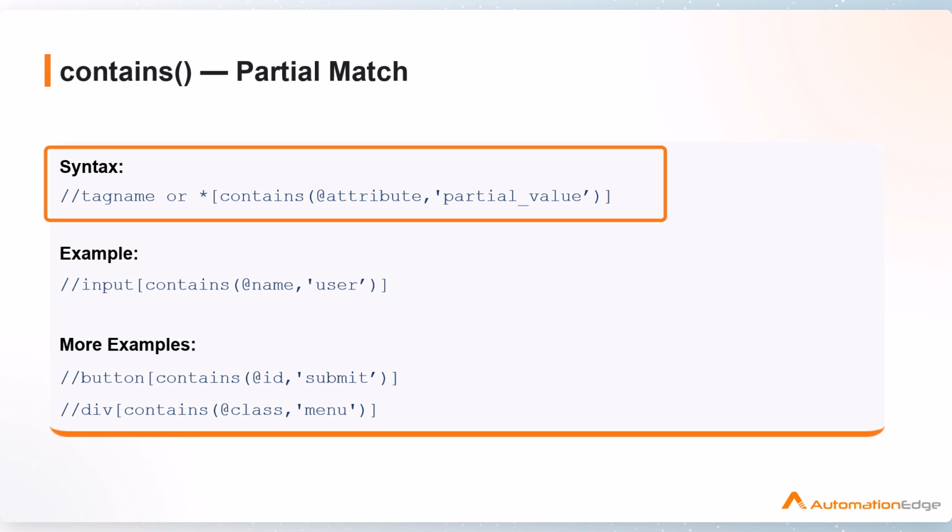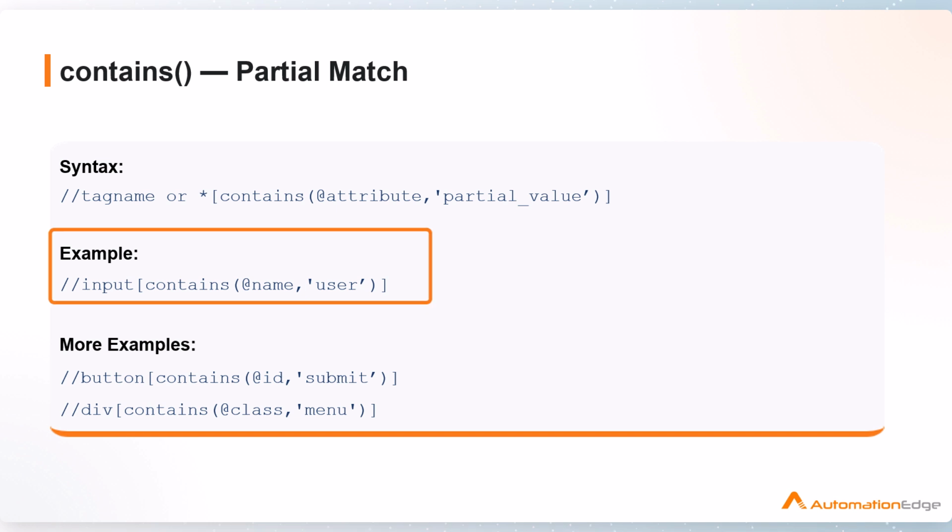Contains checks whether the specified attribute contains the given partial text. This is particularly useful when attribute values are dynamic and may change partially each time the page loads. In the example shown on the screen, this XPath searches for an input element whose name attribute contains the text user. For example, it would match elements with attribute values such as username, user ID, or user login.